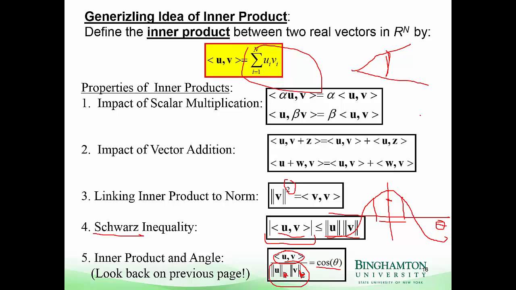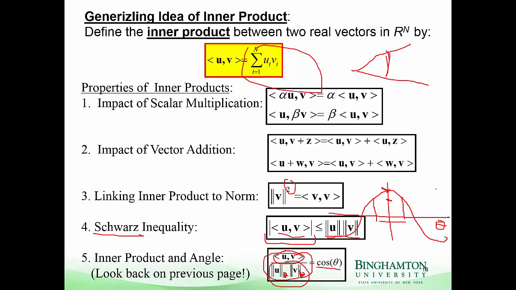So in a sense, this inner product normalized by the norms is telling us how closely aligned these two vectors are. So when the angle is close to 0, we're going to be up in this region. So a normalized inner product that's close to 1 says that those two vectors are very close to pointing in the same direction. They're very similar to each other.